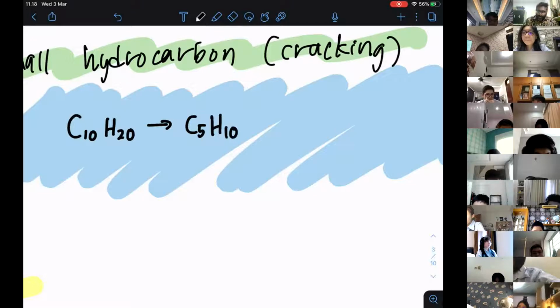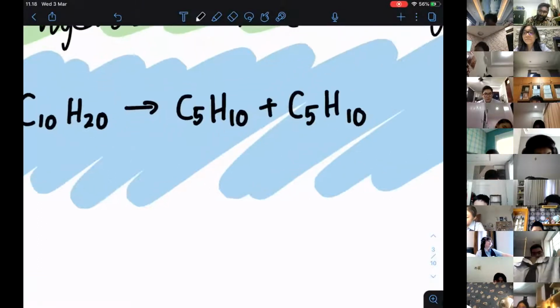Then what's left? Still 5 more carbon, and H is still 10. So you are going to break it into two pentene molecules.